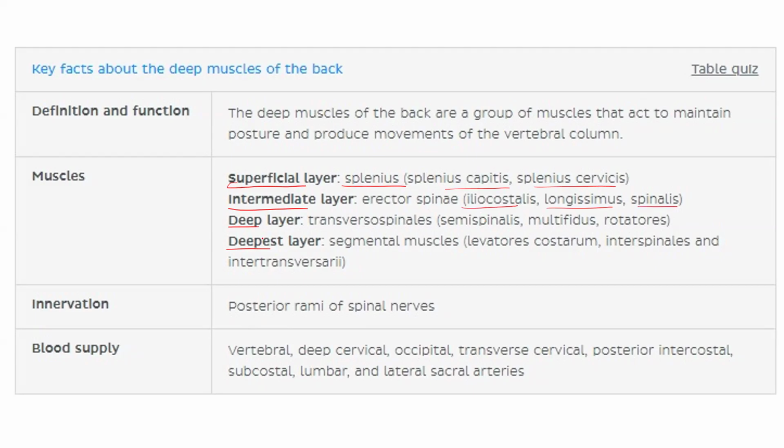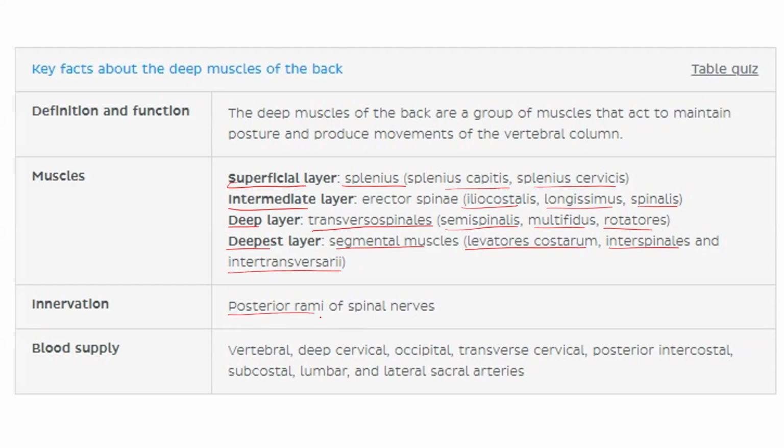The deep layer, deep to the intermediate layer, is the transversospinalis group of muscles, and this is the semispinalis, the multifidus, and the rotatores. And then deep to that, you have the segmental muscles, which include the levatores costarum, the interspinalis, and the intertransversari muscles.